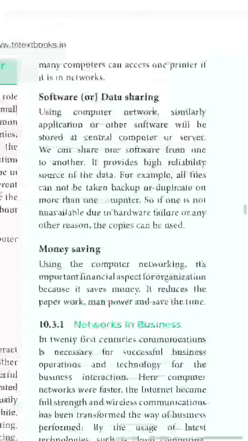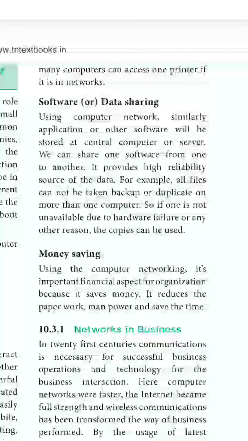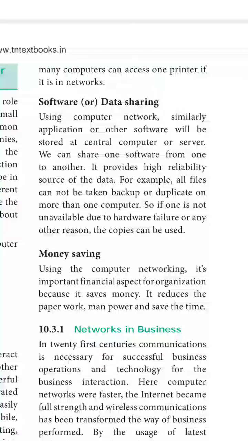Next is software and data sharing. Using computer networks, similar applications and other software will be stored at a central computer or server. We can share software from one to another.